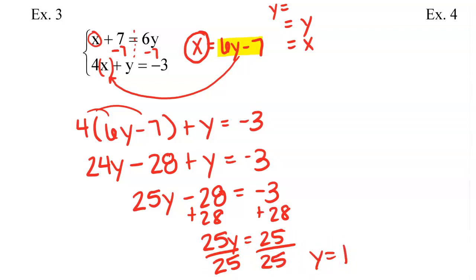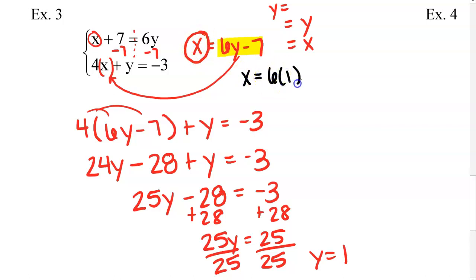Now again, you can go back to any equation and substitute 1 back in for y. It doesn't matter which equation you choose. You could put it back into the top equation here before we manipulated it to be 6y minus 7. You could put it into the bottom equation. I just like to go back to the one that I originally had circled for substitution.